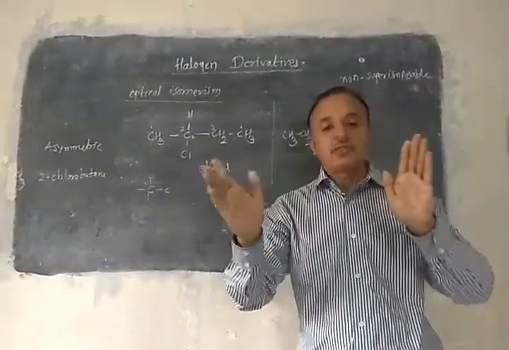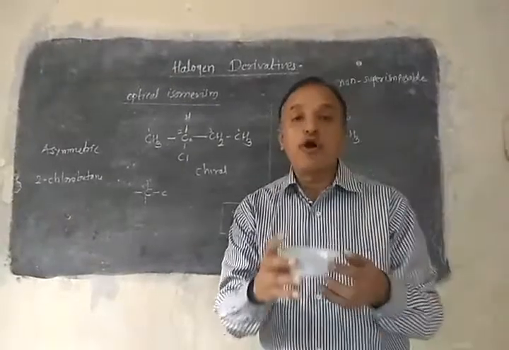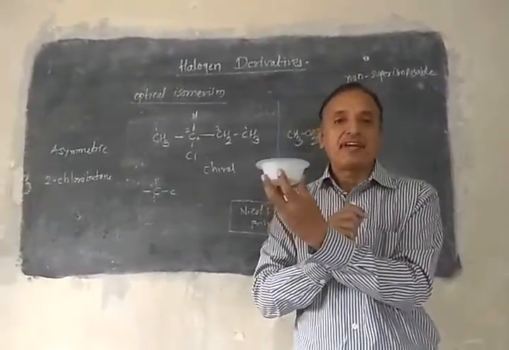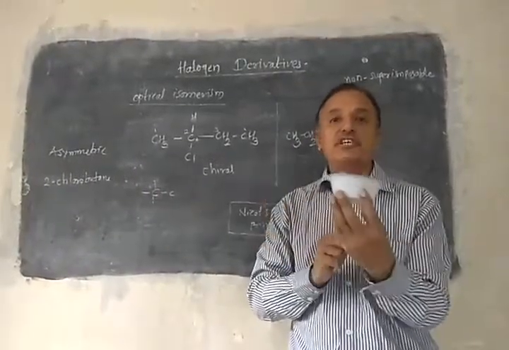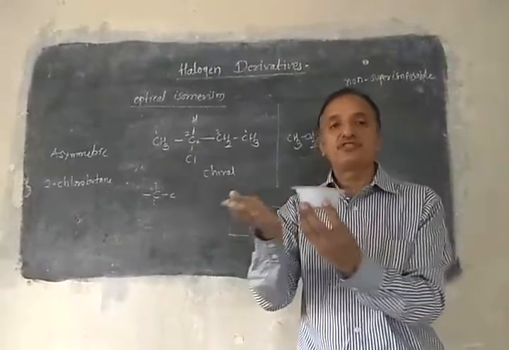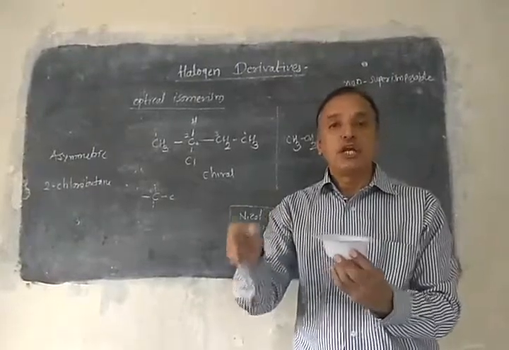Suppose there is a bowl. Its mirror image is the same, so they are superimposable images of each other. If it is a spoon, its mirror image is also the same spoon, meaning it fits with each other. These are called superimposable images.